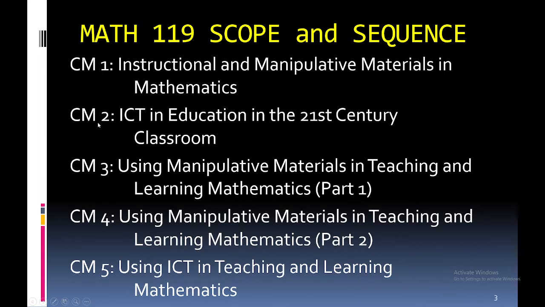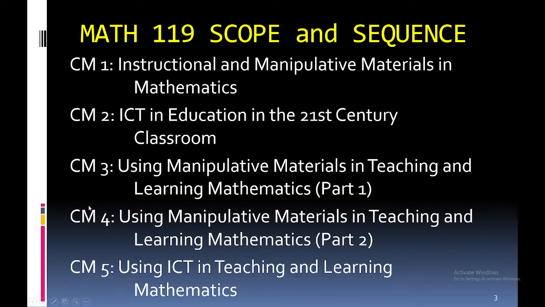Course material number 2 is ICT in education in the 21st century classroom. Again, this is more on theories. CM1 and CM2 are more on theories. These are the principles, the theories behind why is ICT important? Why is there a need for manipulative materials in teaching mathematics?